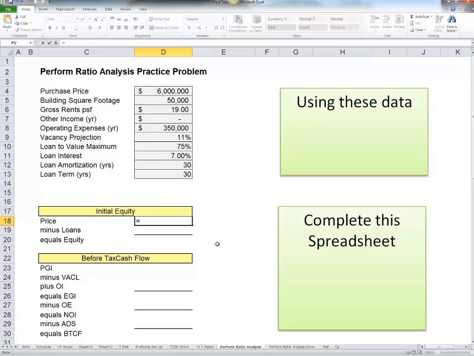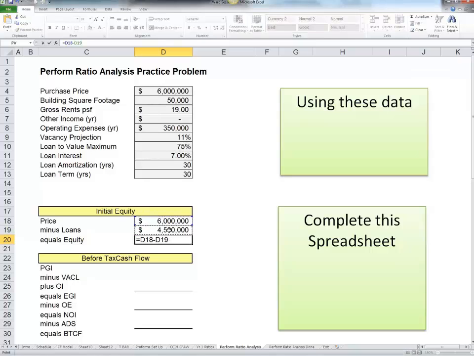So here's our purchase price equals the $6 million. So it's just point and click, right? Loans equals our $6 million purchase price times our 75% loan to value ratio. Therefore, our equity equals $6 million purchase price minus $4.5 million loan.